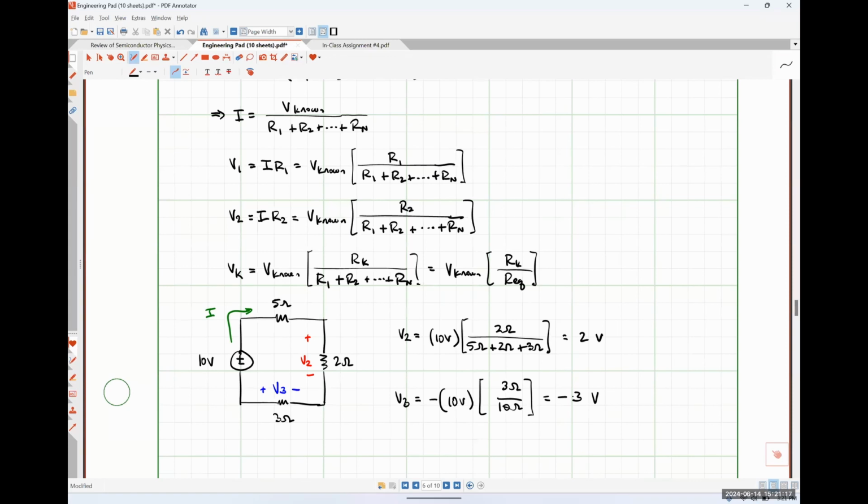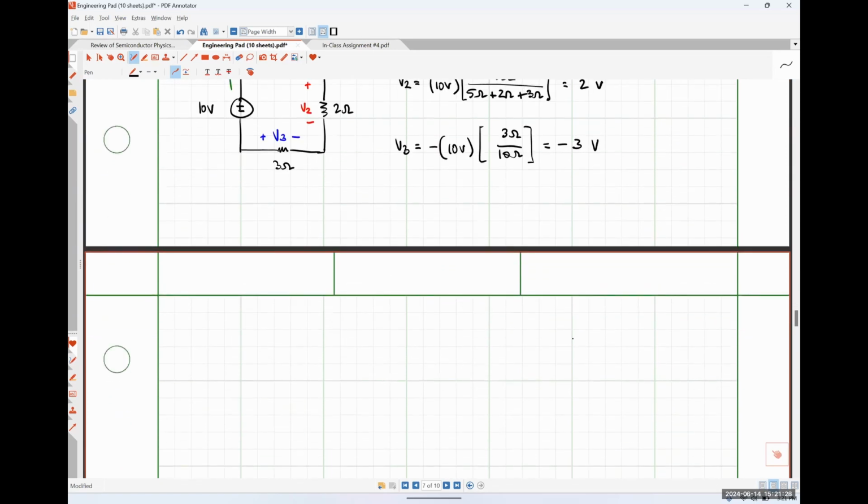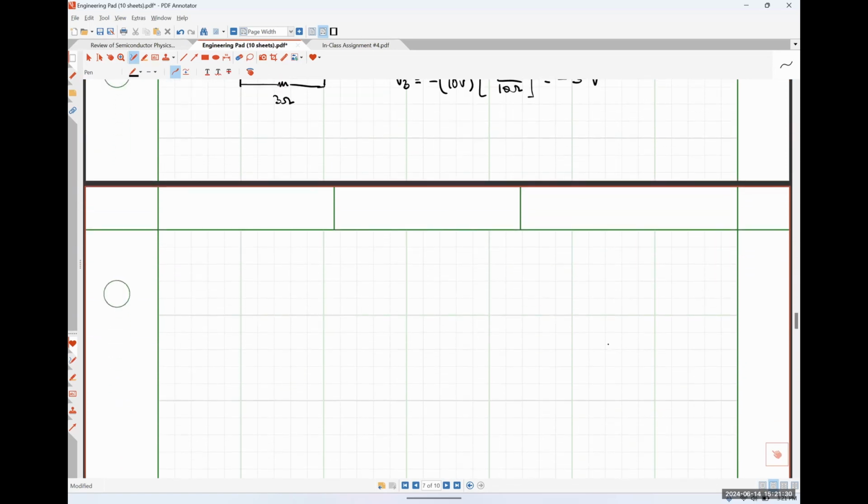We can adapt voltage division to work for more complicated circuits, okay? So let's look at something a little bit more complicated. And I'd be willing to bet that you've had problems like this in the last couple of homework sets.